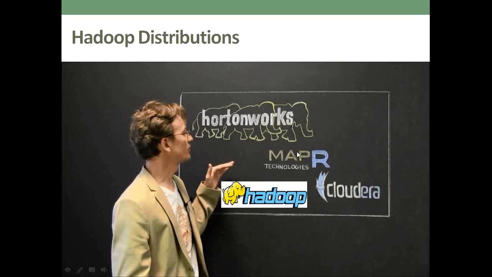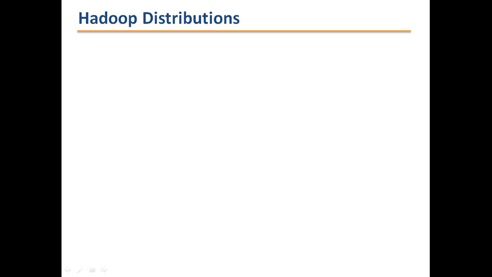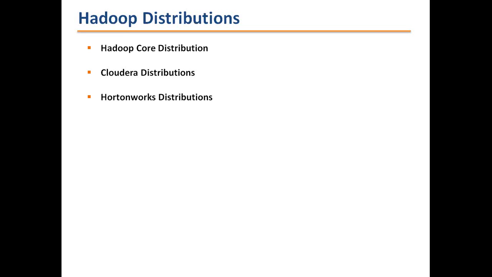What are the other popular distributions? Apart from the Hadoop core distributions, Cloudera and Hortonworks, we'll have some other distributions. IBM BigInsights is also one of the distributions. If you are using IBM products, then in our companies we need to use BigInsights.